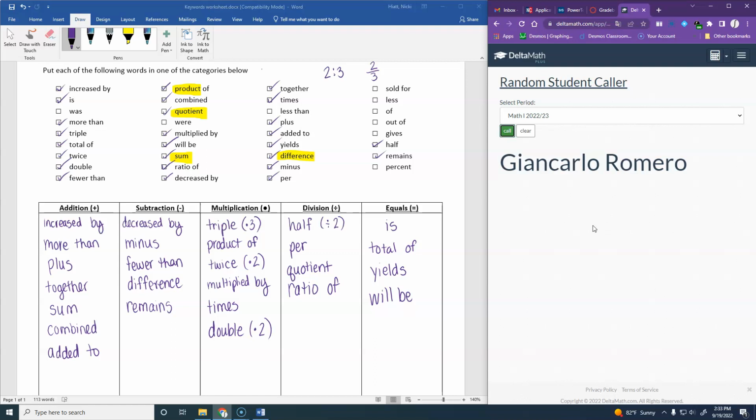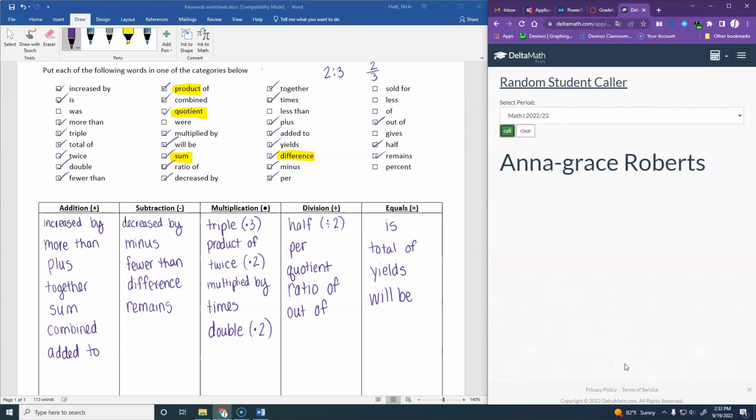Out of 5 people, 3 love math. So it's division, because that would be like a ratio that it's reporting. So I would put it for division. We're getting down to the difficult ones now.